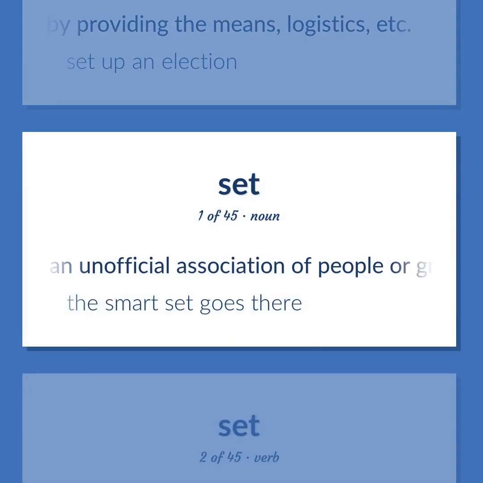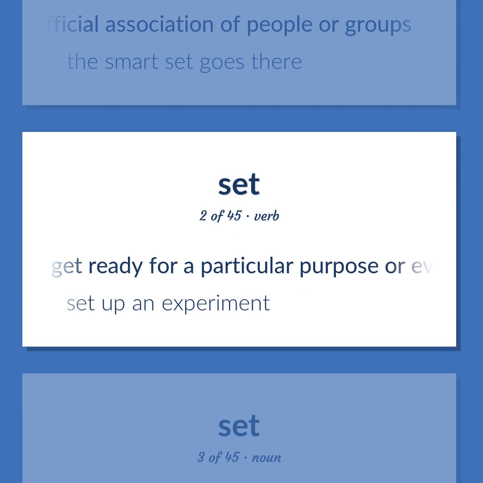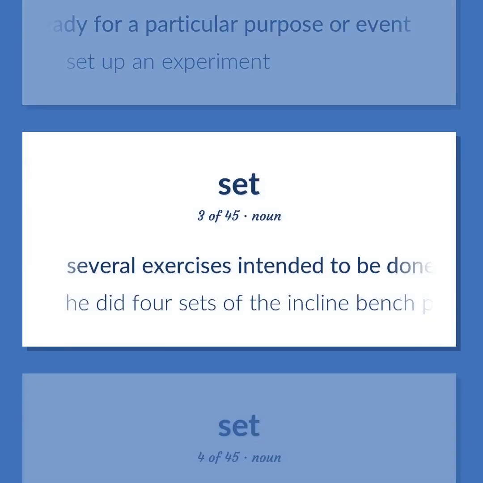An unofficial association of people or groups. The smart set goes there. Get ready for a particular purpose or event. Set up an experiment. Several exercises intended to be done in series.